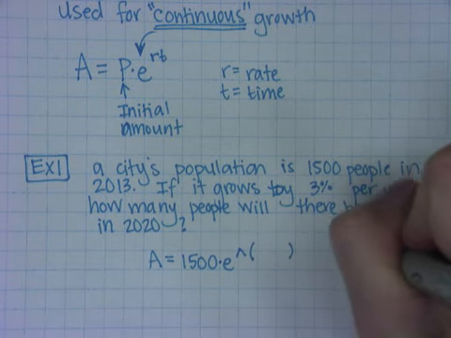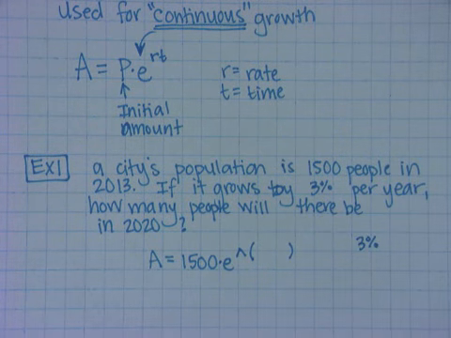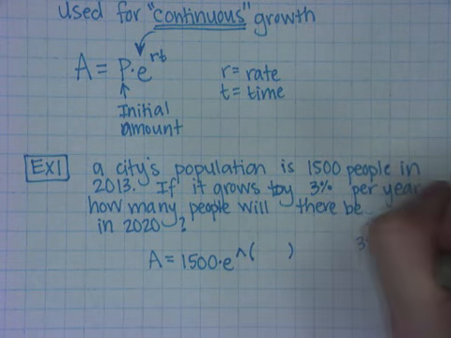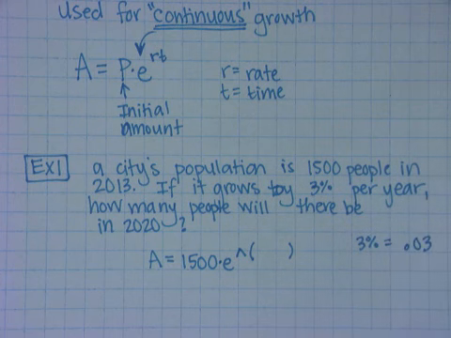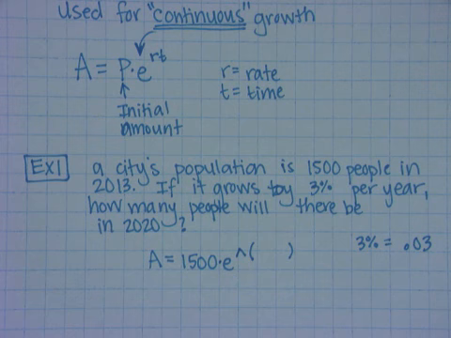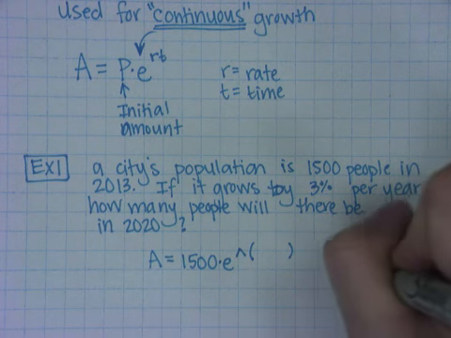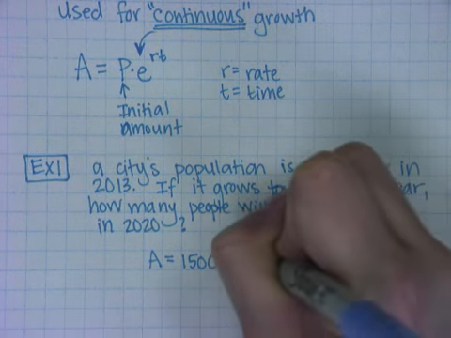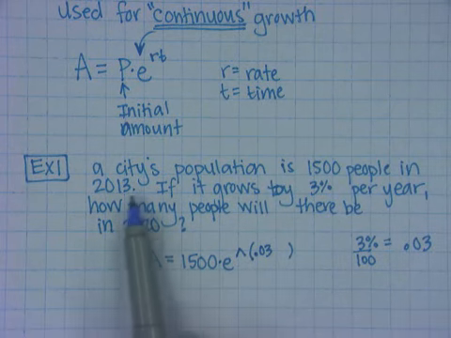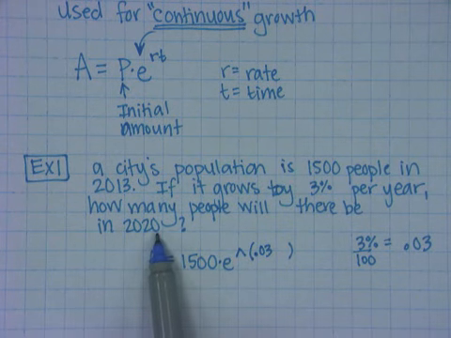Now, 3% interest is what as a decimal? Good. It's 0.03. And if you couldn't remember what it is, what's the trick? What do you divide 3 by that'll give you 0.03? Good. You can divide it by 100. So this would be 0.03. And now from 2013 to 2020? 7 years.